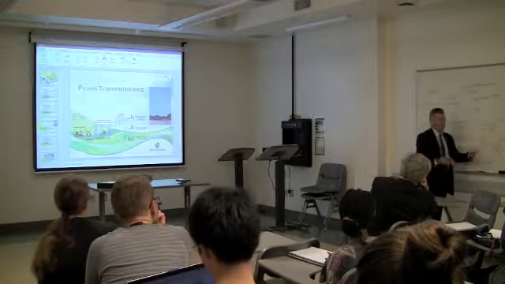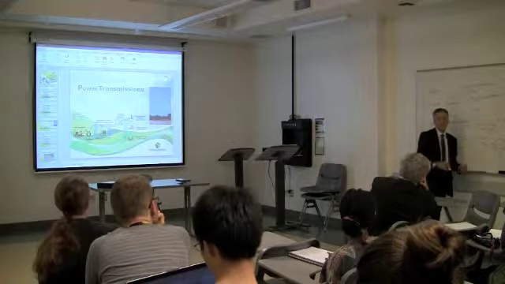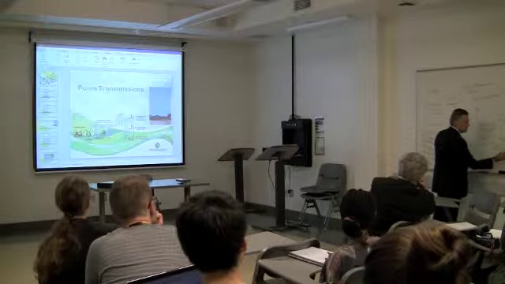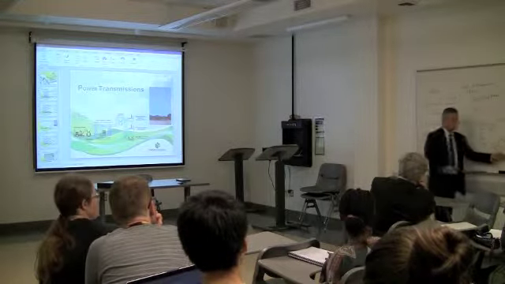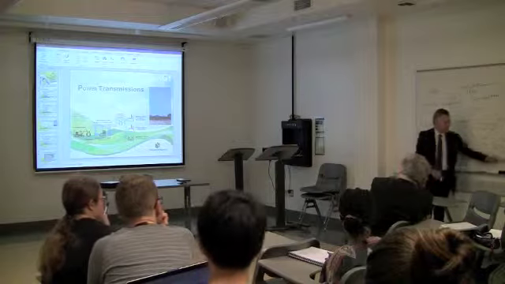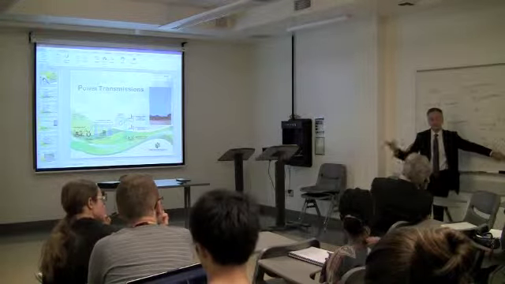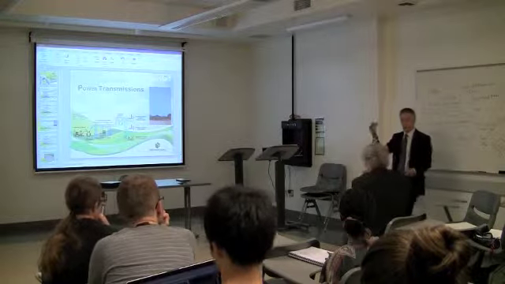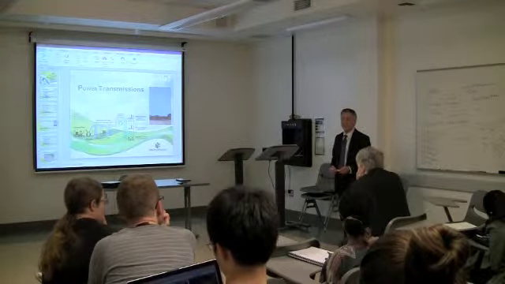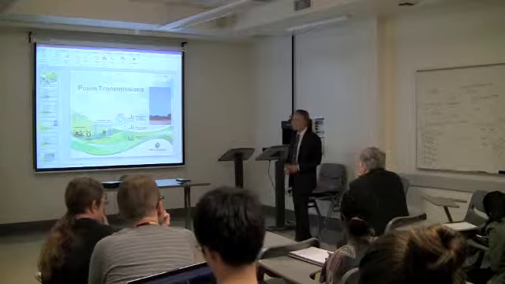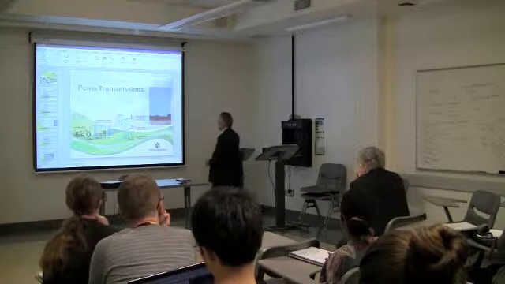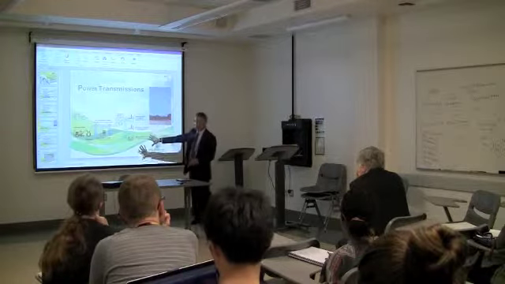Then there are many step-down transformers for every building that step it down to 480. That's when it comes inside the building. Then from 480, they go to 110 or 120 to distribute it inside the campus. So that is basically the whole concept.